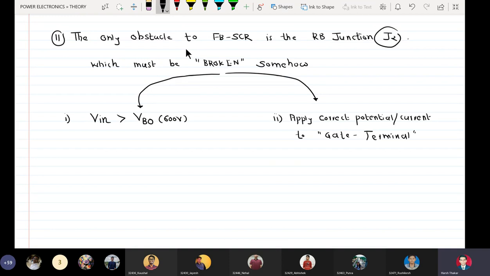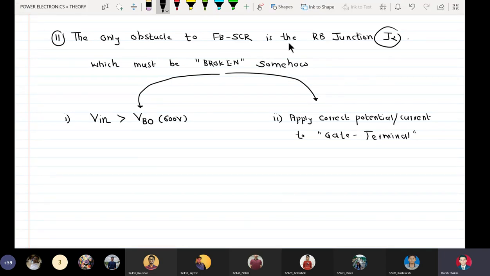If you do not want to apply any potential at the gate, and you want the SCR to get fired in the absence of gate drive, then you must increase the battery potential to a value equal to the breakover voltage, which is 600 volts. And if you do not want to use that solution, then you should apply the correct potential or current to the gate terminal. Now which of these two should we accept? The one which is feasible.